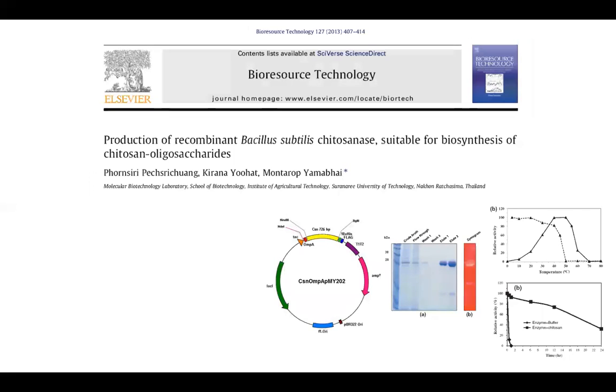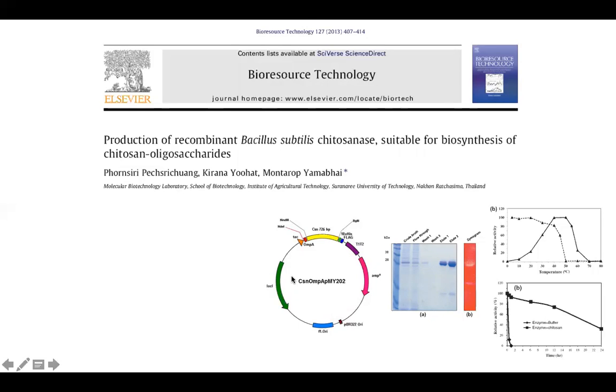So we cloned another enzyme called chitosanase. But Bacillus licheniformis does not have the enzyme chitosanase. So we have to look for the enzyme from Bacillus subtilis. Turns out Bacillus subtilis has a very good gene for making chitosanase. So we cloned the gene from Bacillus subtilis and put it into E.